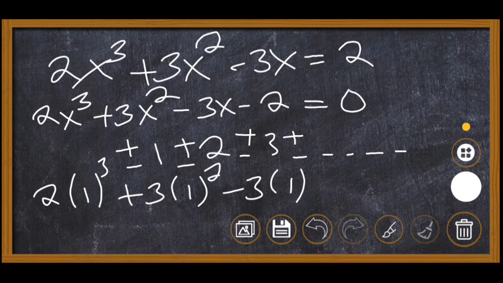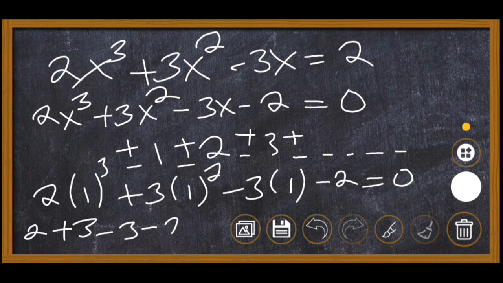So we have 1 there, and then negative 2 equals 0. What is 1 raised to power 3? It's 1. And then 1 multiplied by positive 2 outside there, it's positive 2. Plus 1 raised to power 2, it's 1. Then 1 multiplied by this 3 here, it's 3. Then positive 1 multiplied by negative 3, it's negative 3.